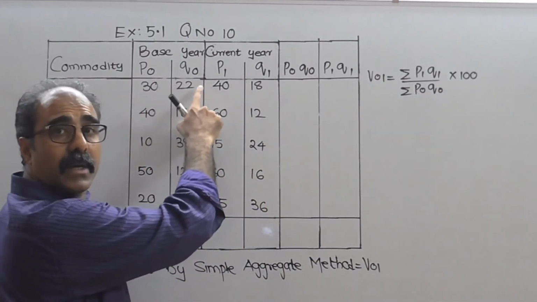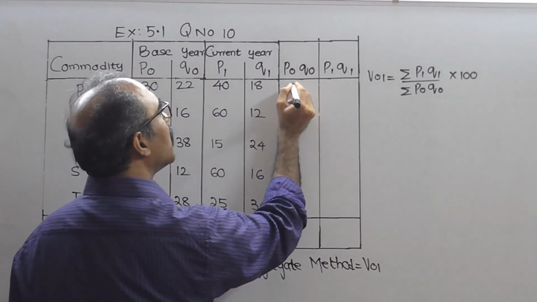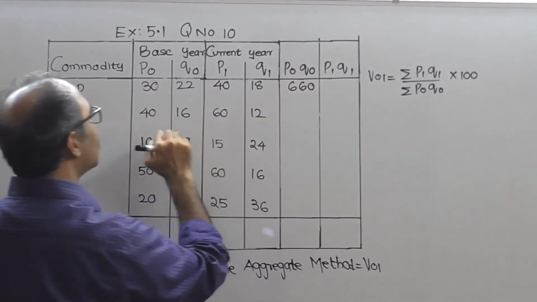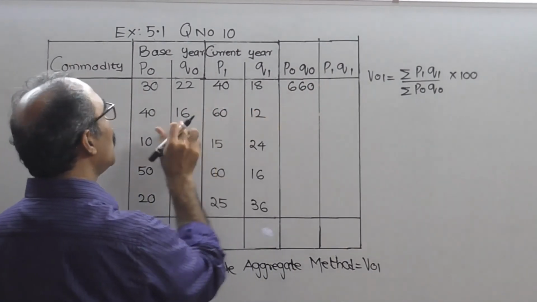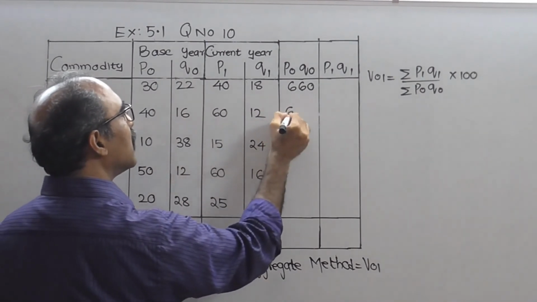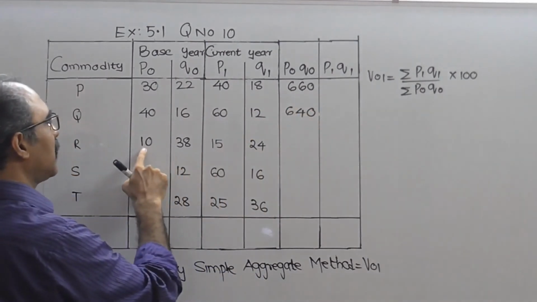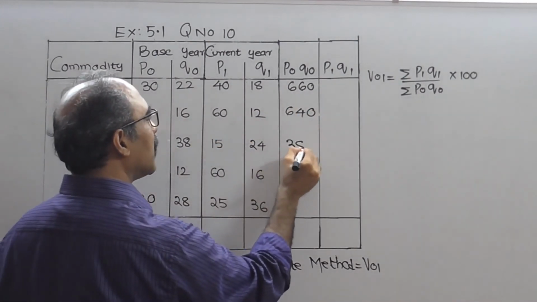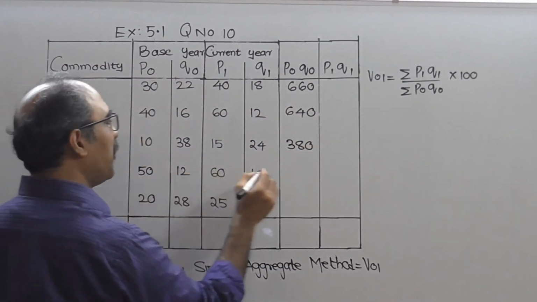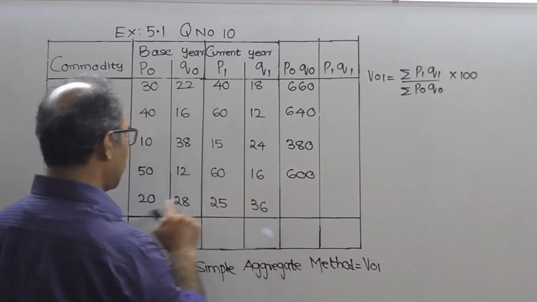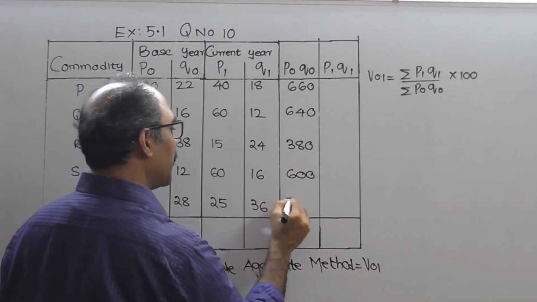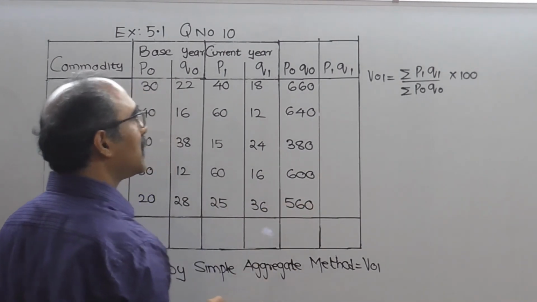Now, let's multiply P0 and Q0. It is 30 into 22, 660, 40 into 16, 640, 10 into 38, 380, 50 into 12, 600, 28 into 20, 560.